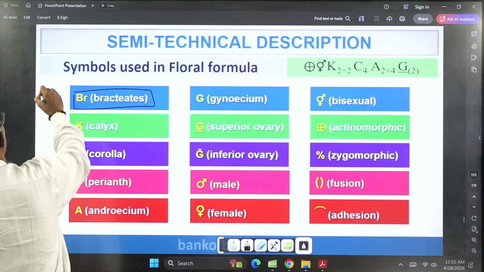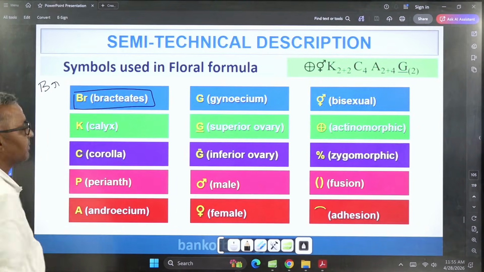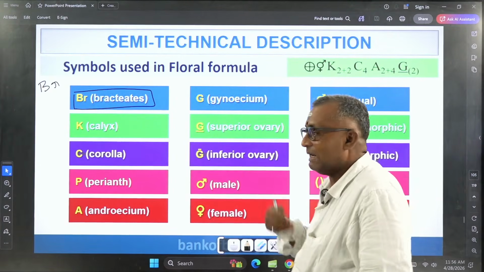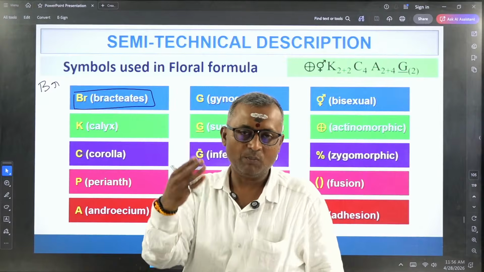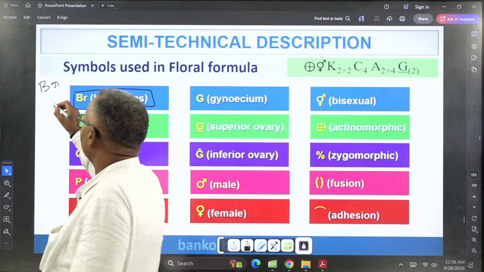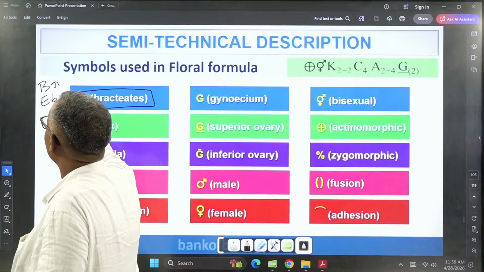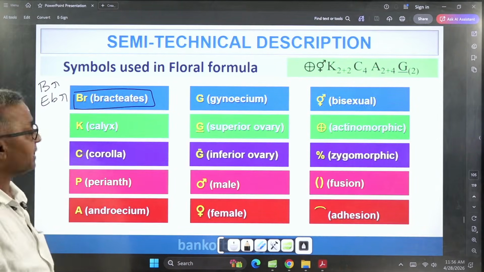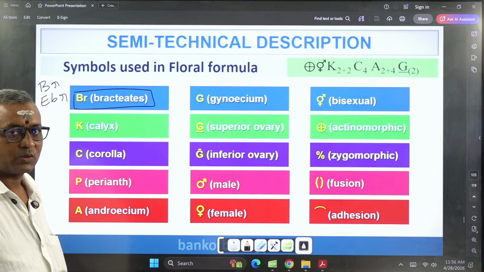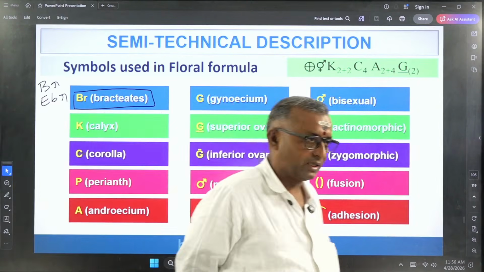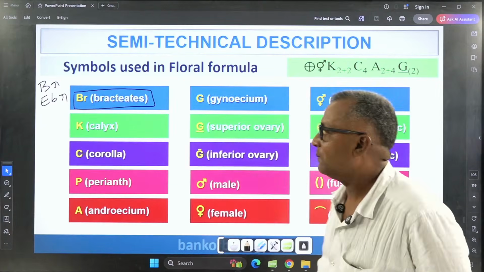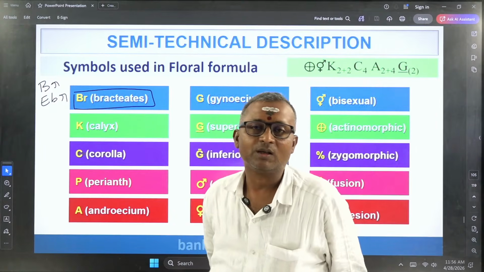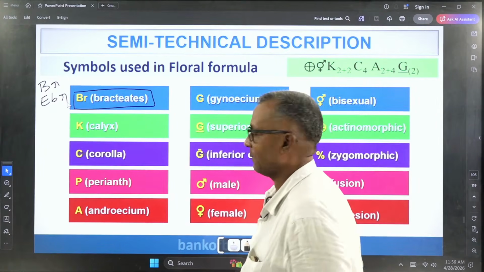These bracteate flowers are represented with the symbol Br. If a flower lacks bract, if there is no bract for the flower, such flowers are called ebracteate, which is represented with the symbol EBr. So Br represents the bracteate condition, EBr represents the ebracteate condition. Ebracteate means there is no bract for the flower.